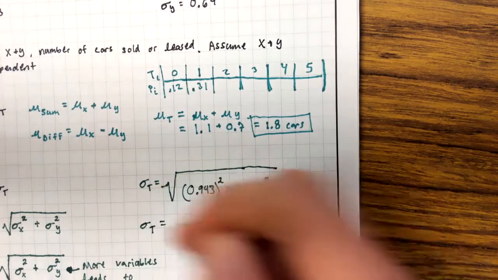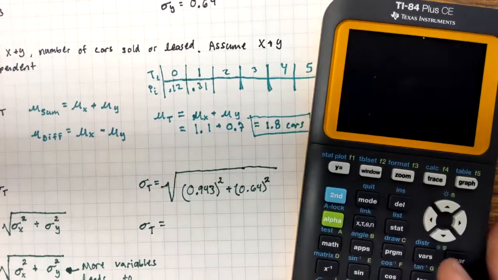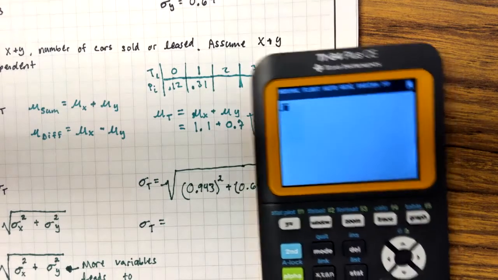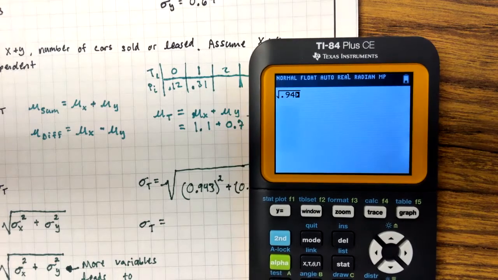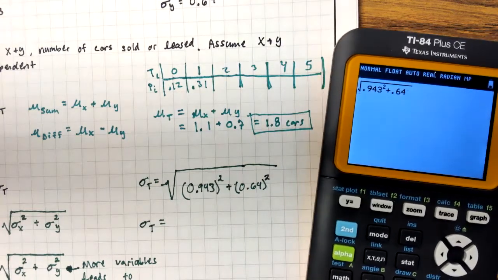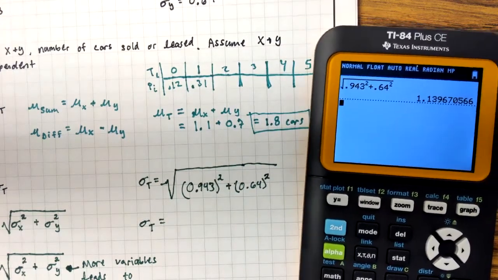Standard deviation for the total amount of cars sold or leased is equal to, you could definitely just do this all in one go, the square root of 0.943 squared plus 0.64 squared, and there we go.